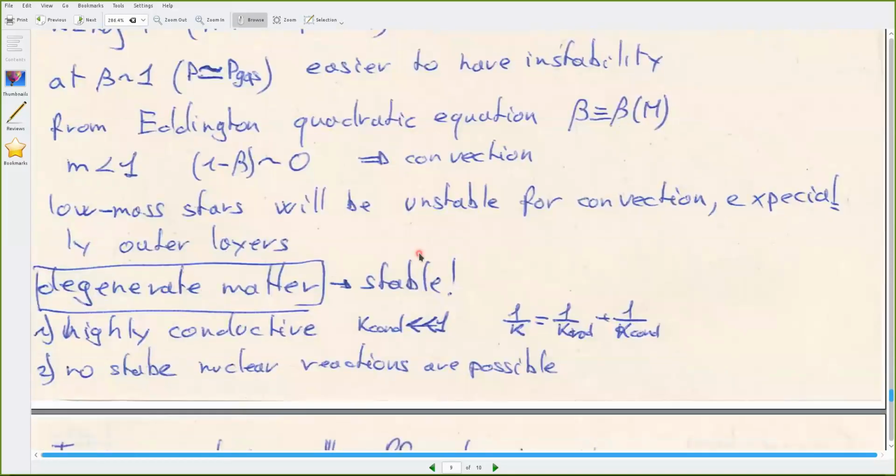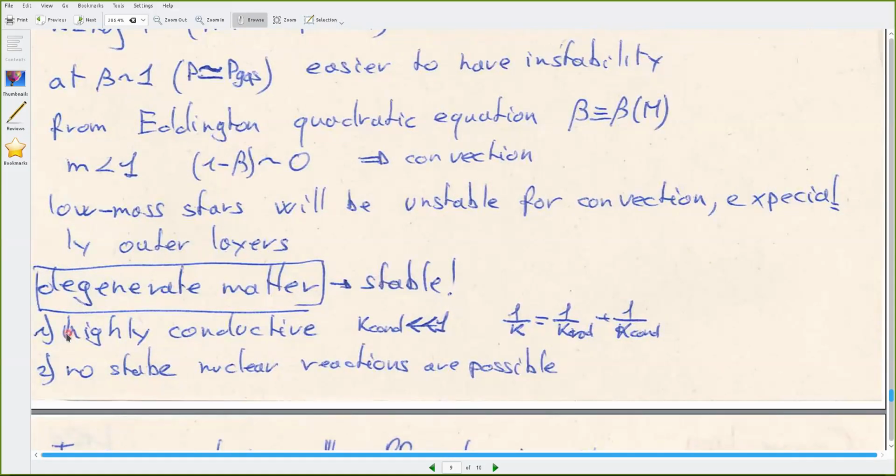It makes sense because smaller stars are cooler, so it's easier for the outside of the envelope to be at a lower temperature than we need to completely ionize hydrogen and helium. Then the ionization is partial, and we have a higher opacity. Degenerate matter is definitely stable.